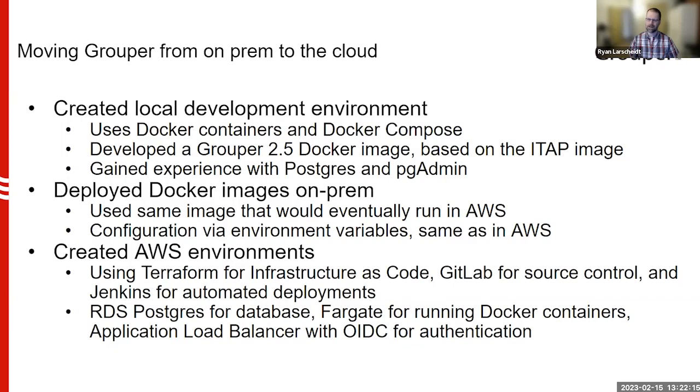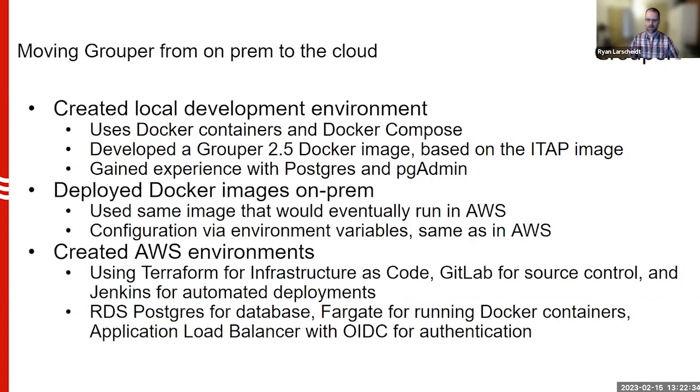So we might take a look at it soon because there's some interesting stuff with Serverless v2, because all databases generally, especially our Grouper one, have a lot of spiky workloads.